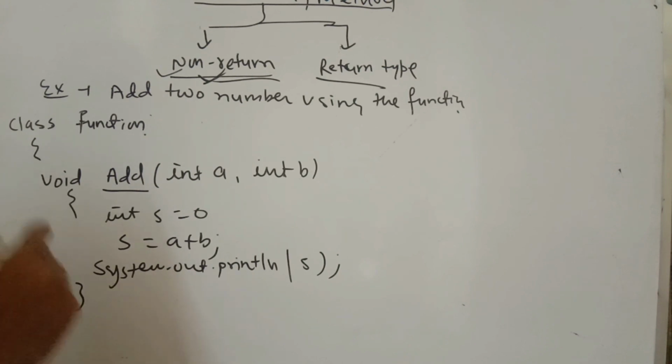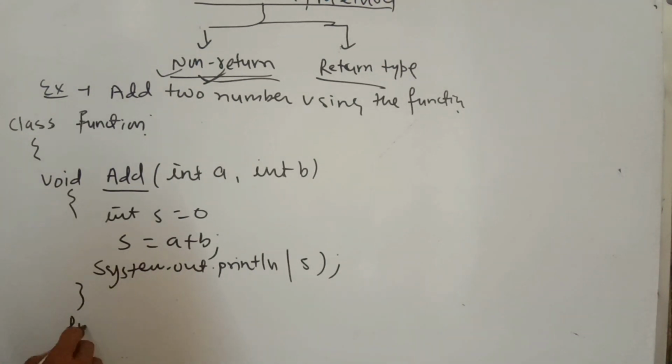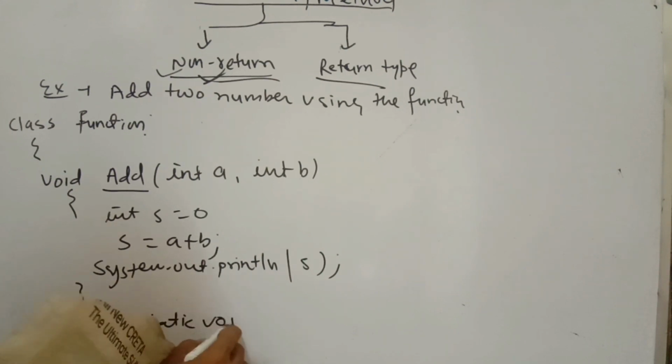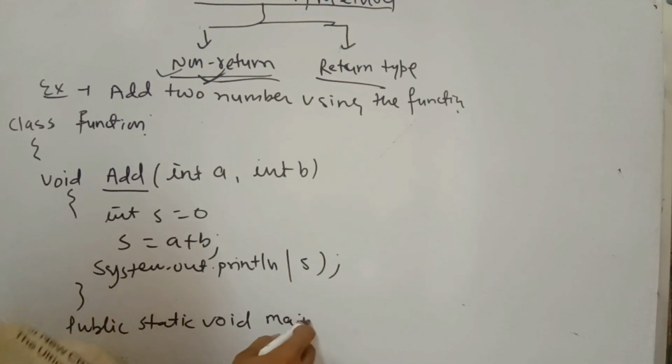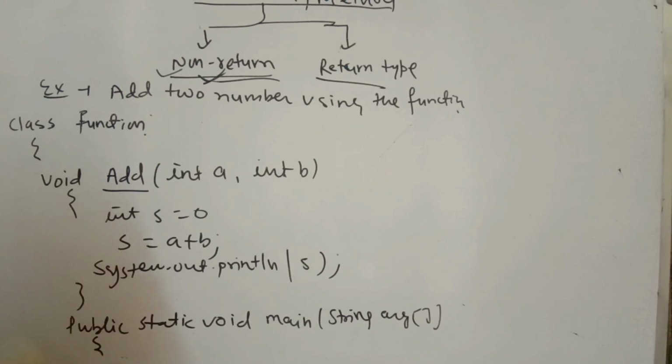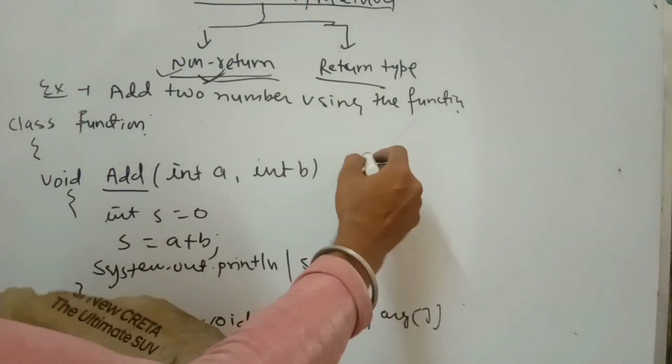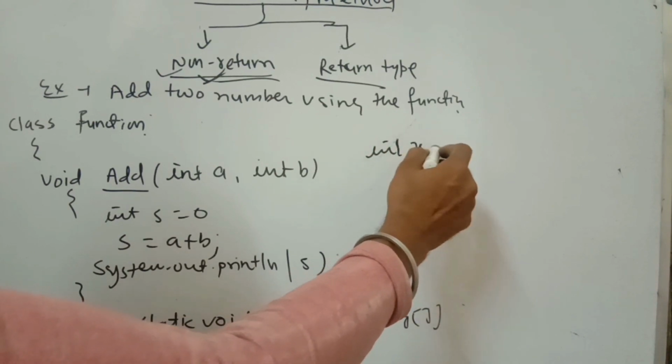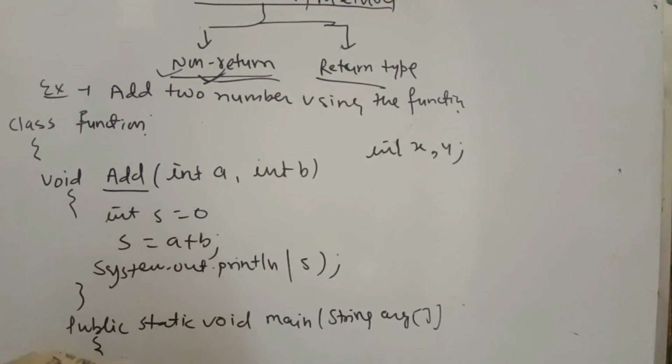Now after that you write the main class: public static void main, String args. Inside the main method you take the input from the user, let int x, y.